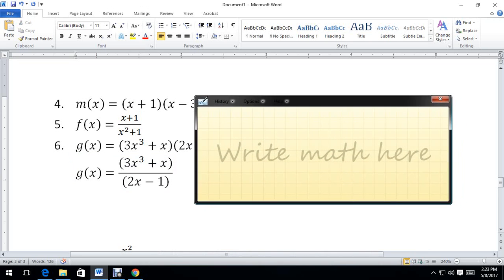Now, proceeding with getting the derivative. Okay, so let's have g prime of x.